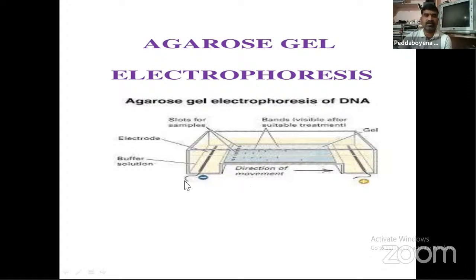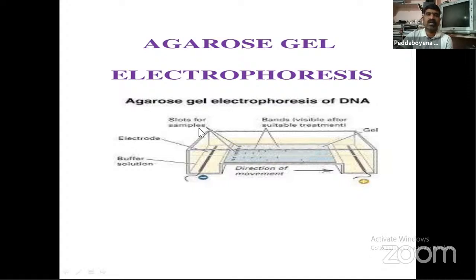In this we use an anode, cation and anion, plus and minus charges. These are called, what is that? Electrodes. And in this you are observing the buffer solution and the gel. The gel, we can get from the Phaeophyceae algae, so we can use the agarose gel.